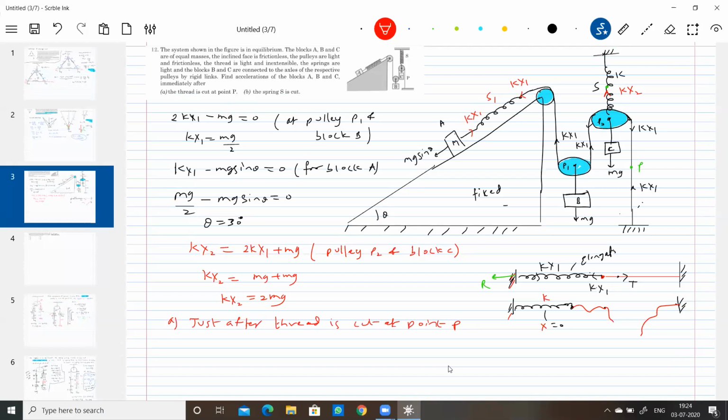What will happen to the spring? Spring force will vanish. The spring force in spring S1 will vanish. Vanish in the sense it attains natural length.